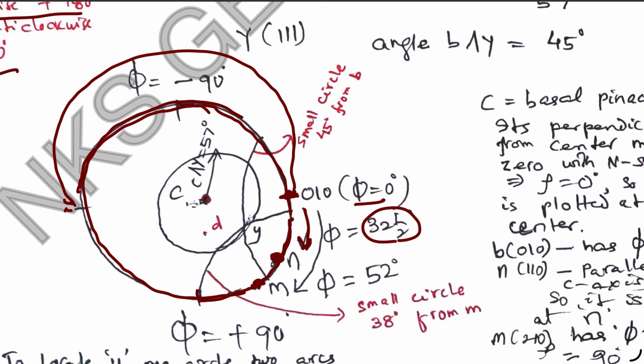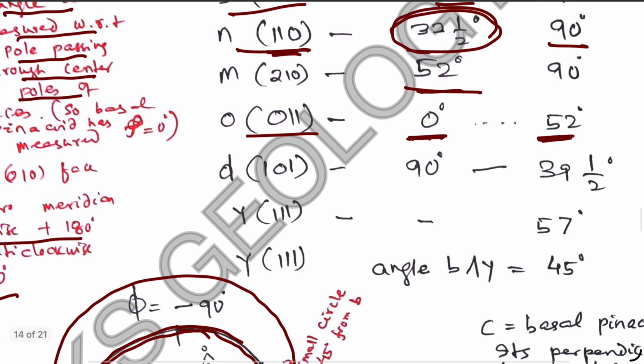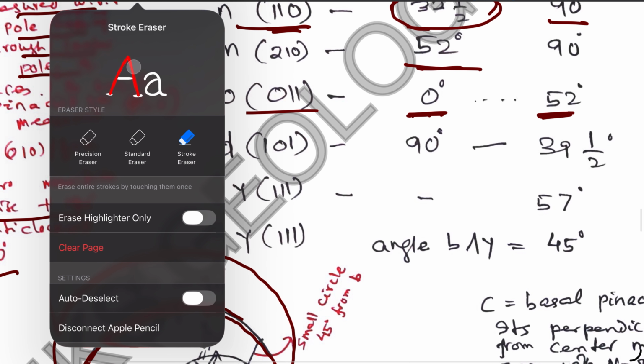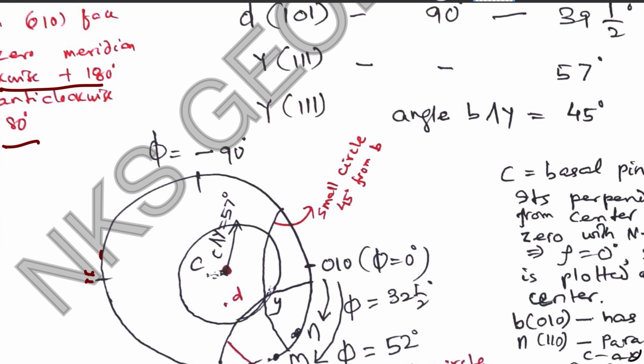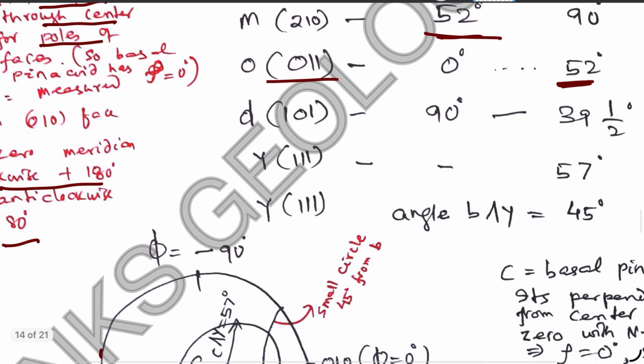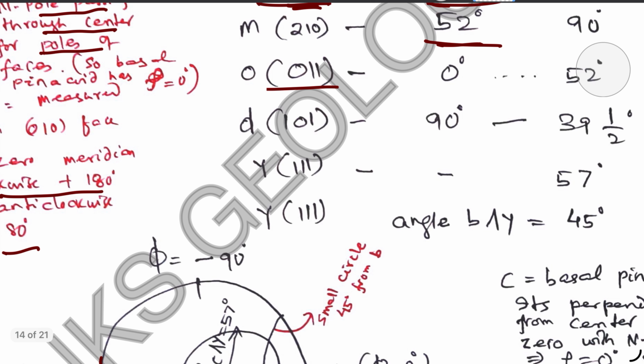So this is the 0 longitude, phi 0, and O is making 52 degree.